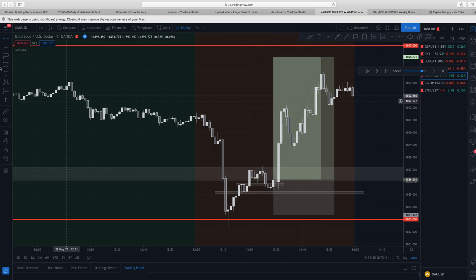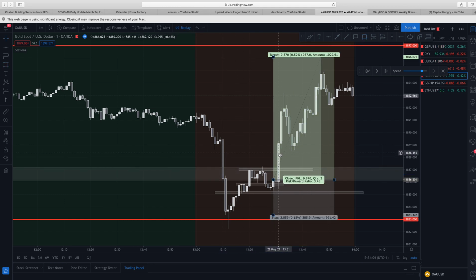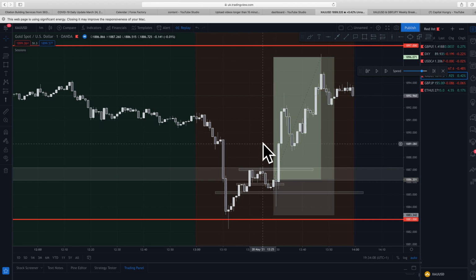Once you get the candle body closures above here, you're at the races. You're at the races, mate. When you see that candle body closure, you're like, yeah, buzzing. Then you're watching this area. See how it respects recent market structure.